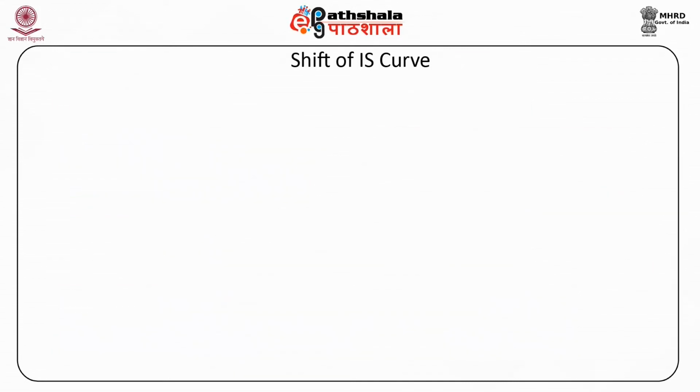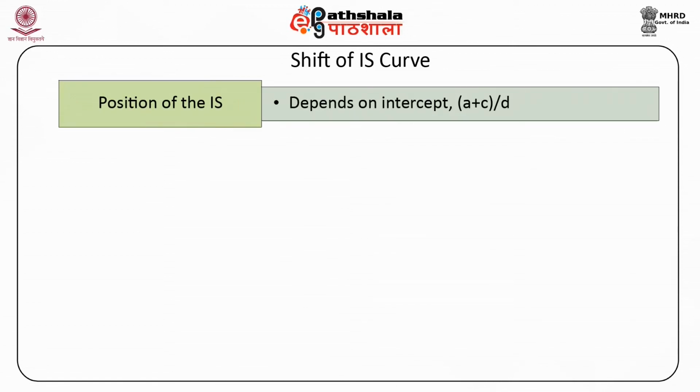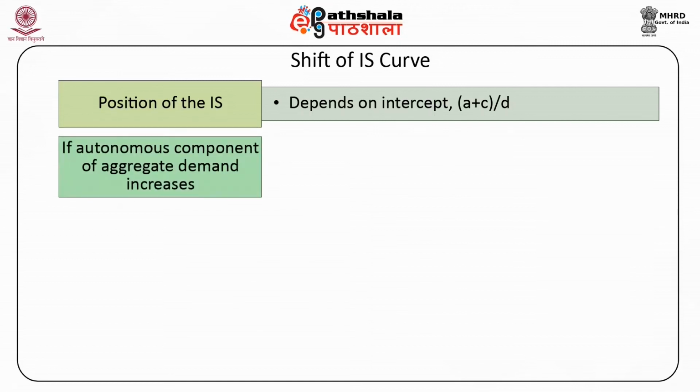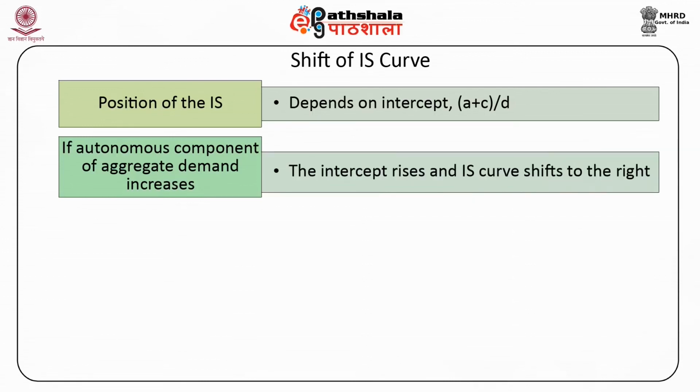Shift of the IS curve. The position of the IS curve depends on the intercept given by A plus C divided by D. Thus, if the autonomous component of aggregate demand increases, the intercept rises and the IS curve shifts to the right.